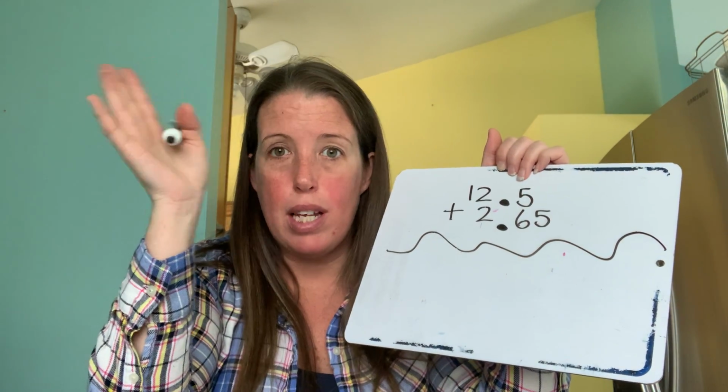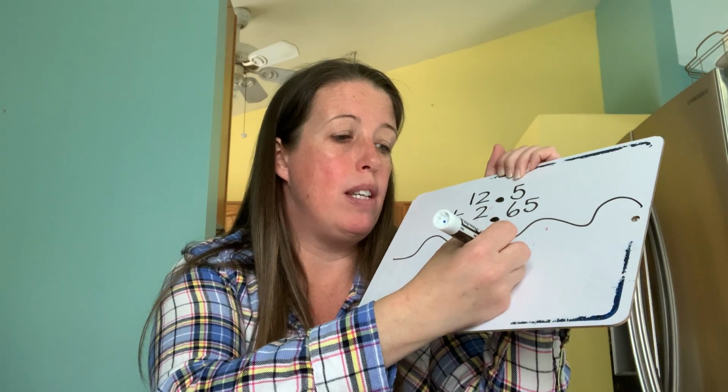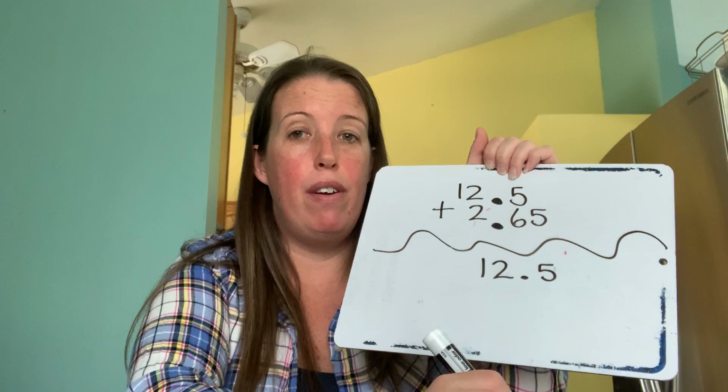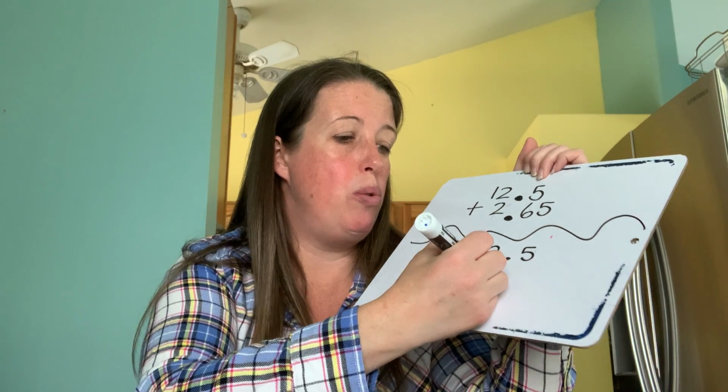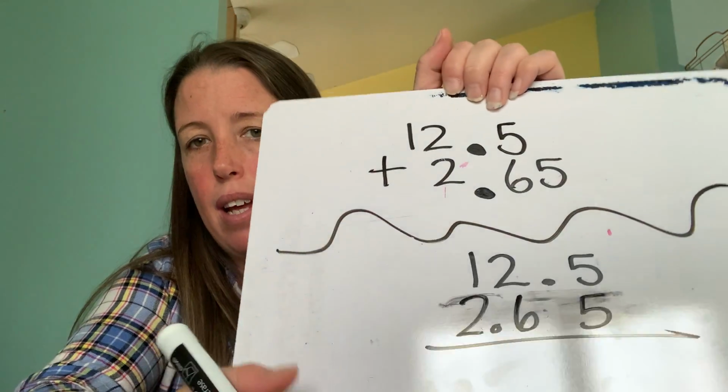They ignore the decimal point and they just write the numbers they see. They say 12 decimal 5, 2 decimal 6, 5. And they line it up like this.